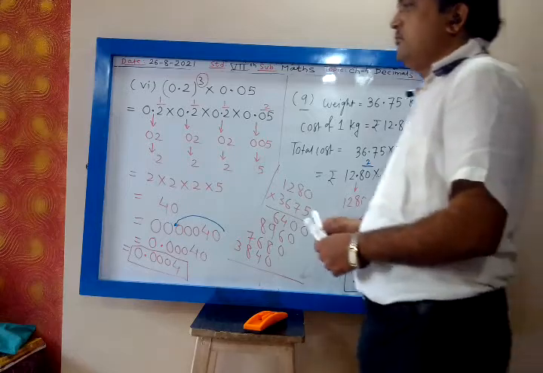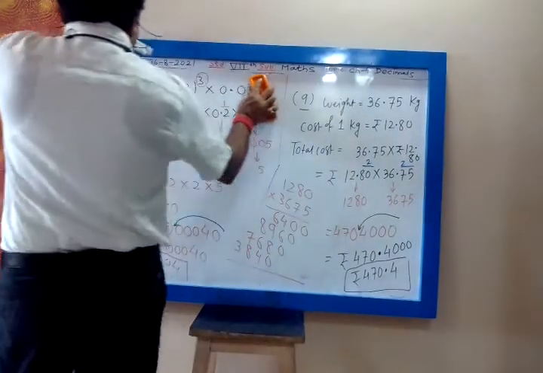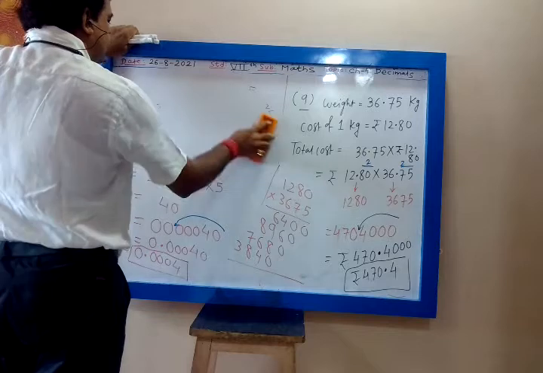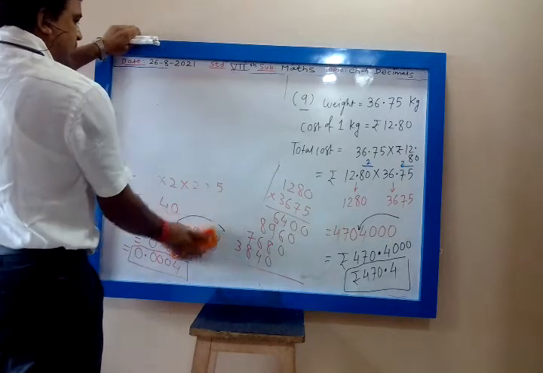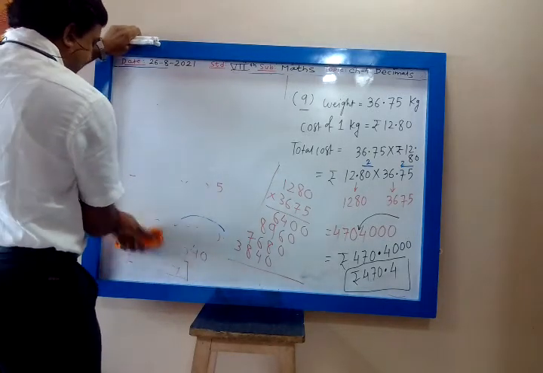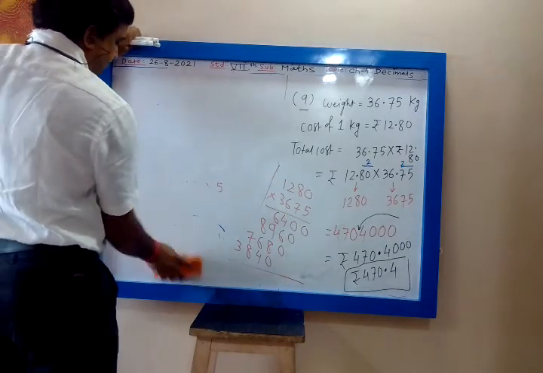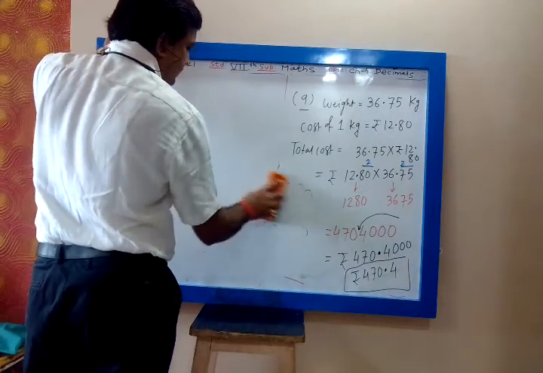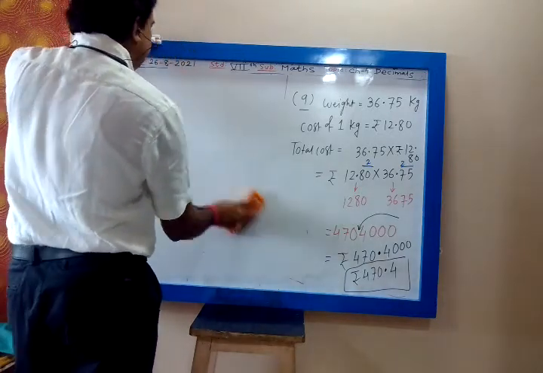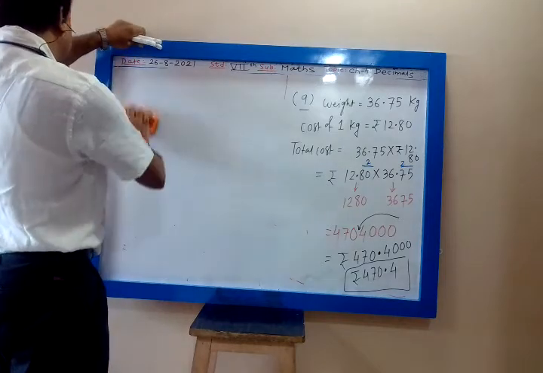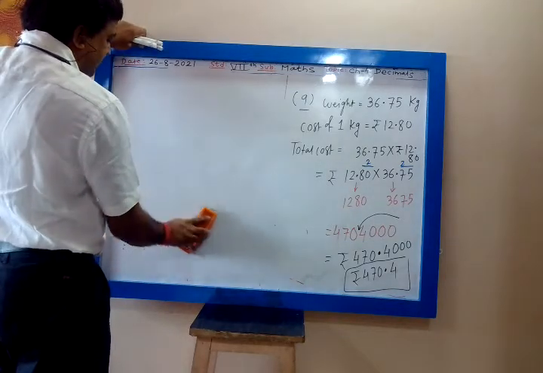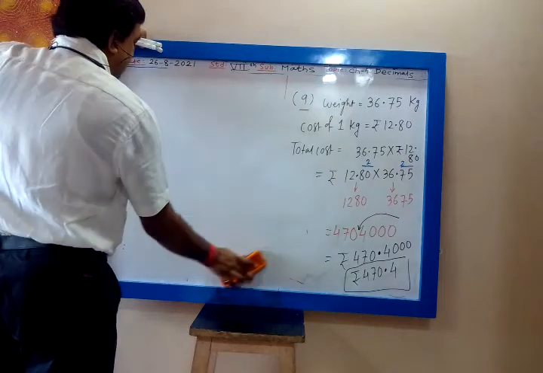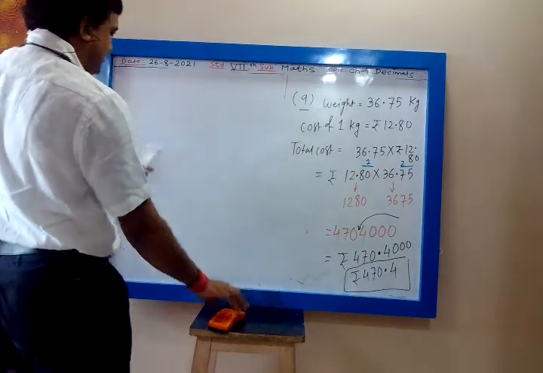Okay, so this is the total cost: 470.4. So the number of decimal places in the product is equal to the sum of the decimal places of multiplicand and multiplier. Truly remember that, never forget.